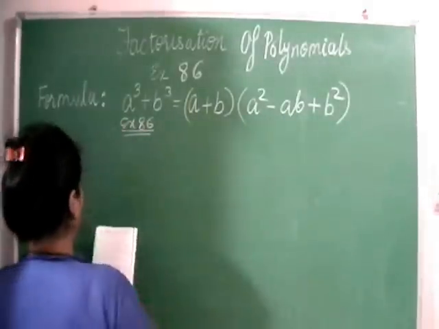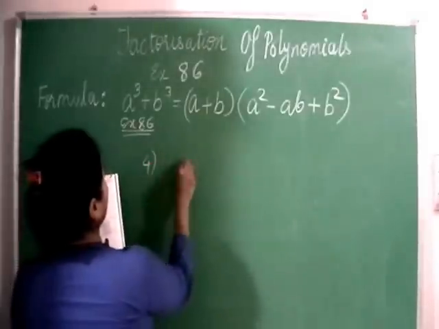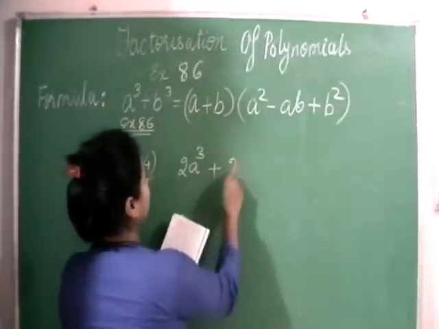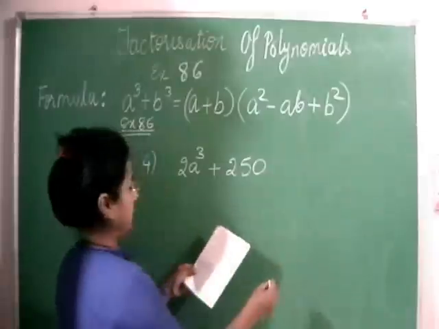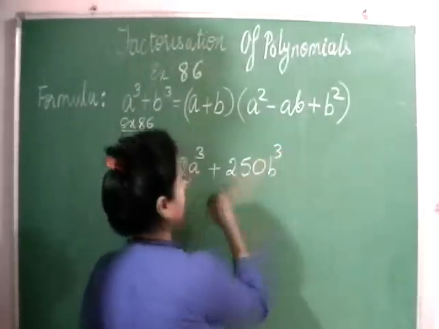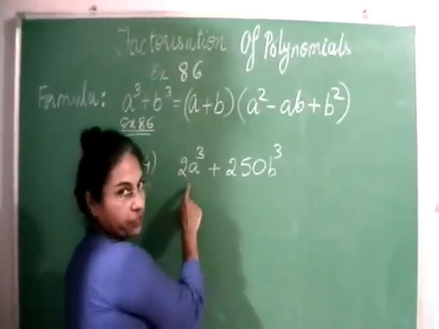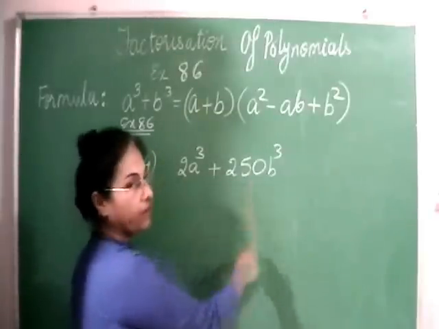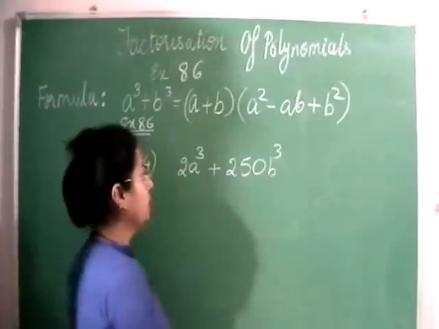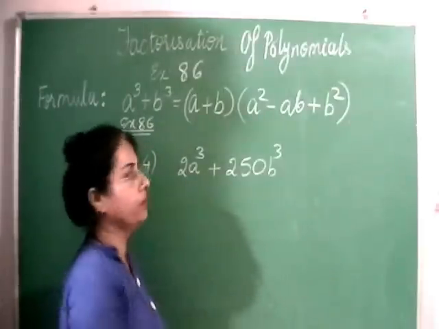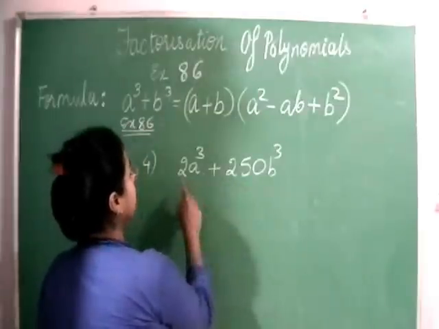Now in sum number 4, the question is 2a cube plus 250b cube. If you see carefully, here you cannot find the perfect cube of 2. Here you cannot find the perfect cube of 250. So there is somebody who is stopping us from taking the whole cube, and that somebody is this 2.